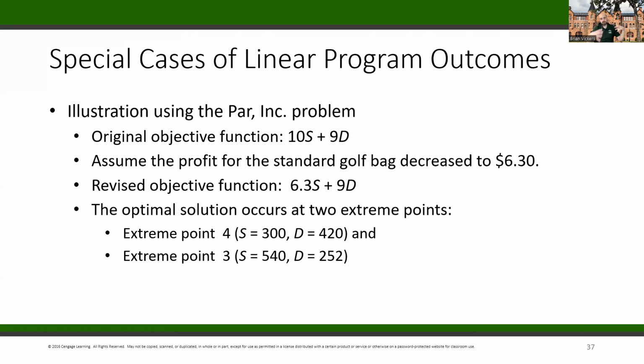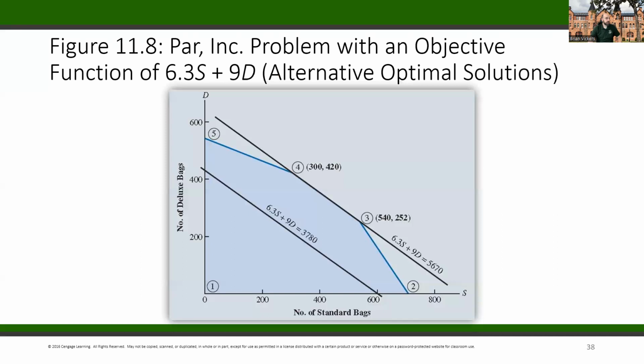So they found a certain combination of dollars where both times the profit ends up coming out to $5,670, which is the optimal solution for it.